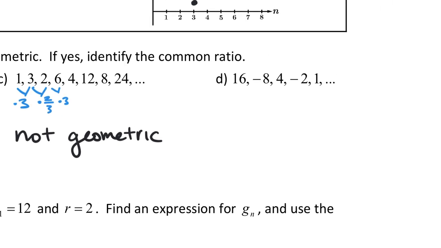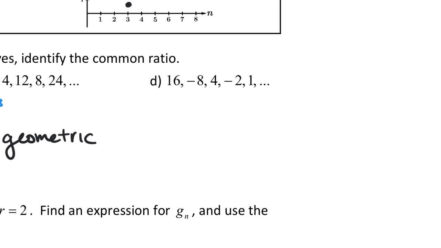Now let's check D. If I'm trying to go from 16 to -8, what do I have to multiply by? -1/2, -0.5. How about from -8 to +4? Times -1/2. How about from 4 to -2? And then -2 to 1.